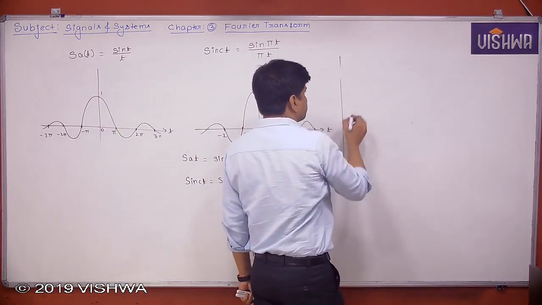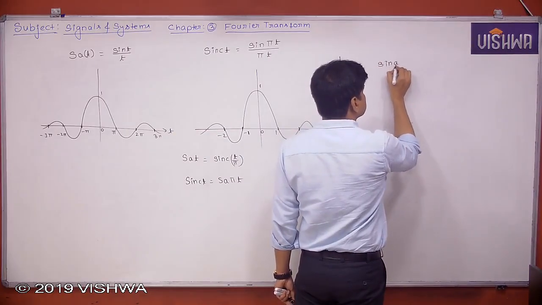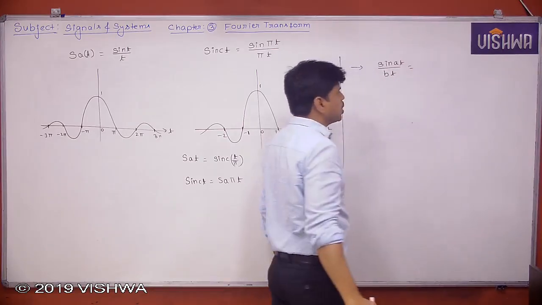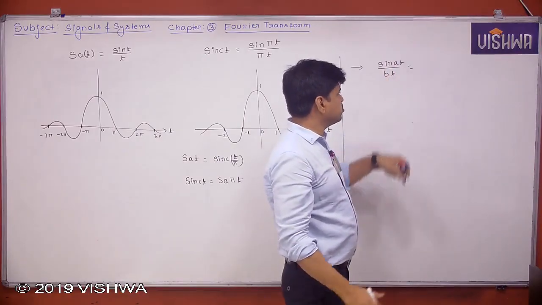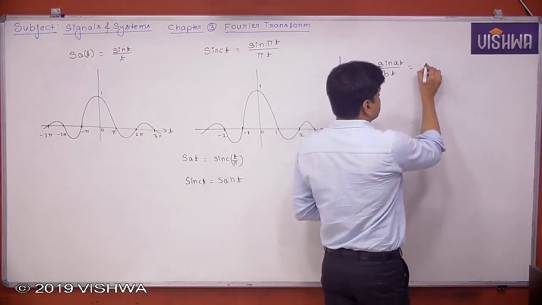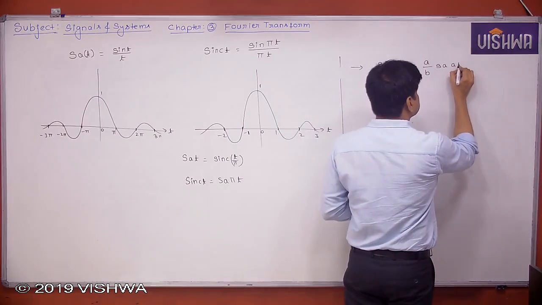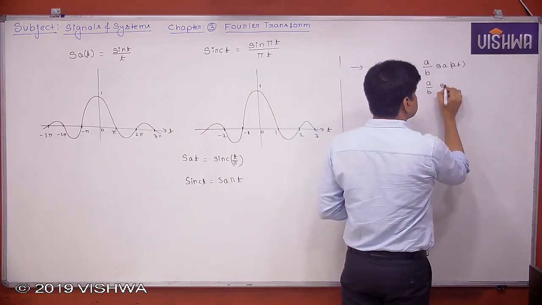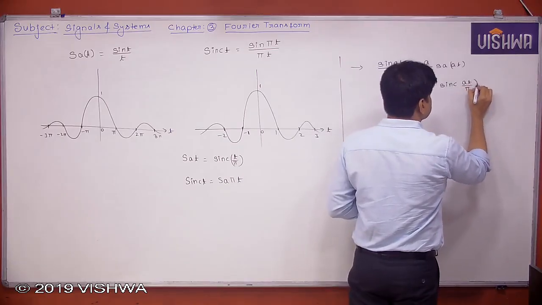And one more thing, suppose a function sin at by bt is given to you. For this function, what is the sampling function? The t coefficient is a here, the t coefficient is b here. Then we get a by b sampling at, which is a by b sinc at by pi.